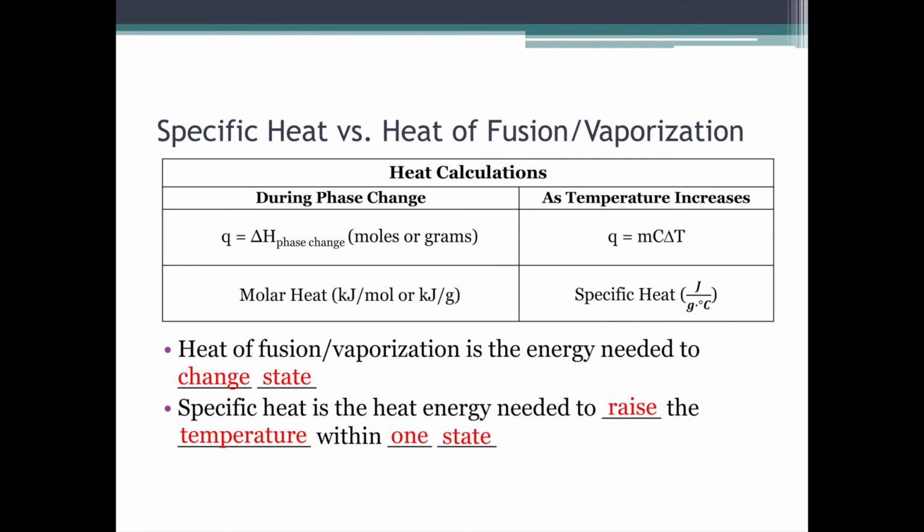Look for words that tell you whether or not you are having a phase change, if you're going from liquid to solid, or if it gives you molar heat, versus if you have a temperature increase. If you have anything in degrees Celsius or in Kelvin, you're dealing with temperature increase and therefore mcΔT. So you have to be careful between these two to make sure you're using the right equation with the right values.